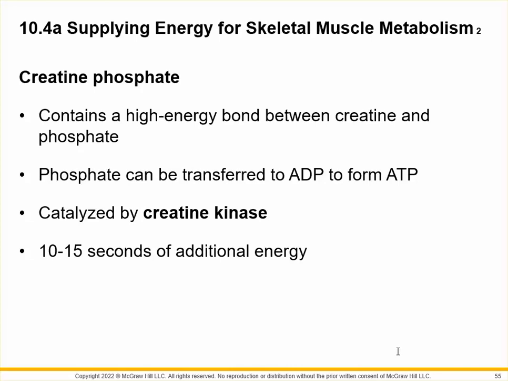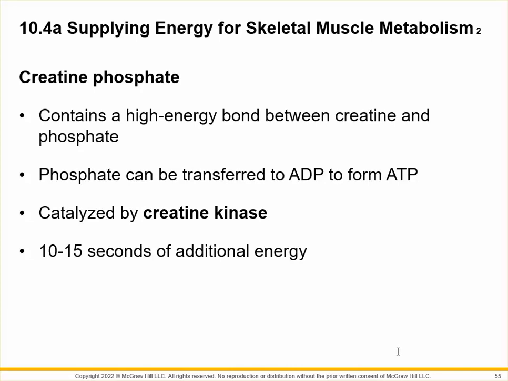If you're loaded up with creatine, you have enough phosphates bound here to instantly create ATP for about another 10 seconds of additional energy. But 15 seconds total is kind of the going thought.